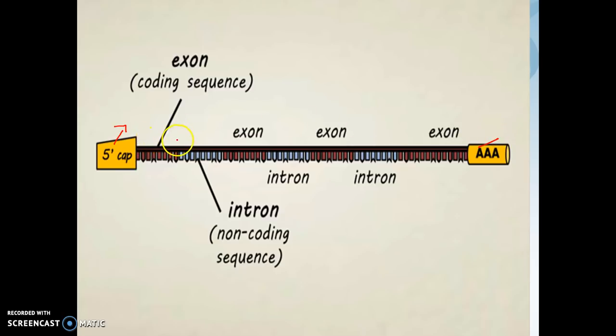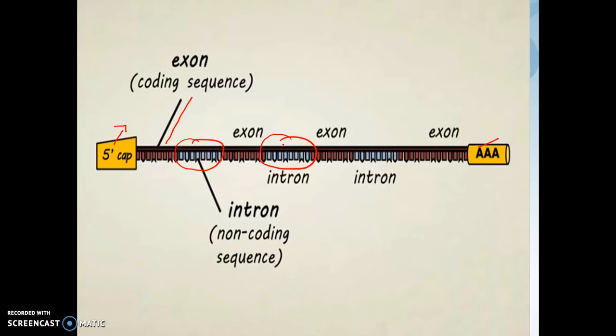If you look at the pre-messenger RNA, it has two different regions. One region is called an exon, and exons have the codes which can be used for protein synthesis. And there are some regions called introns, which have codes that cannot be used for protein synthesis, or they are the non-coding sequence. So we need to get rid of these regions.